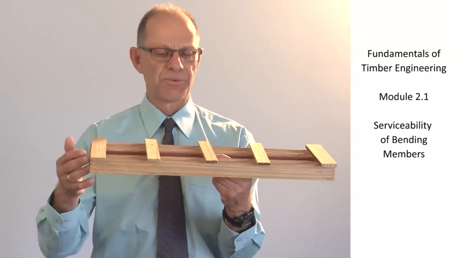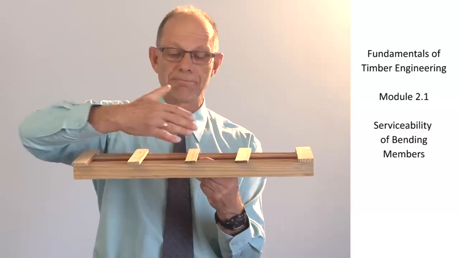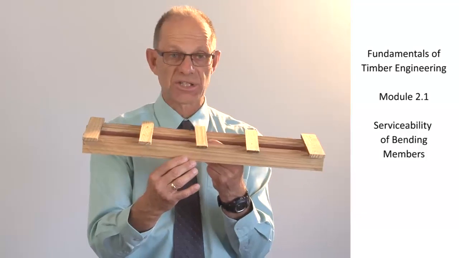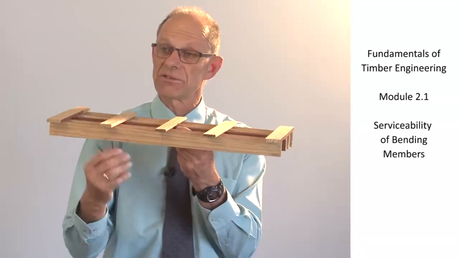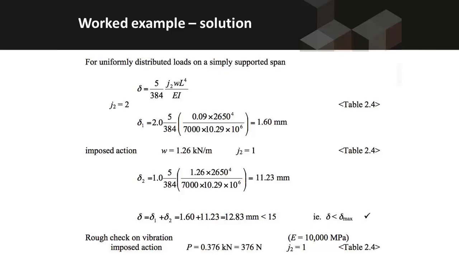megapascals. Now, we're looking at a combination of permanent action and imposed action. The duration of the permanent action is long term. It's going to be there forever. And so the J2 factor is going to be appropriate for the long-term component. So for the permanent action, we're looking at a J2 of 2.